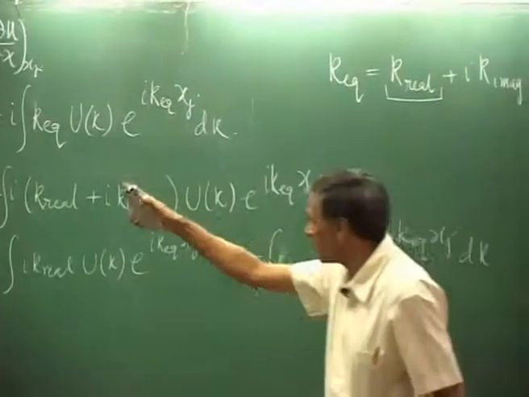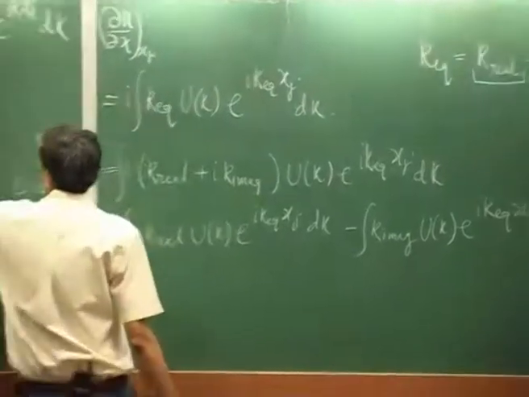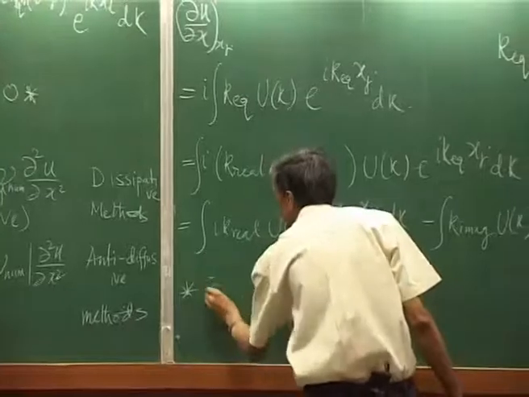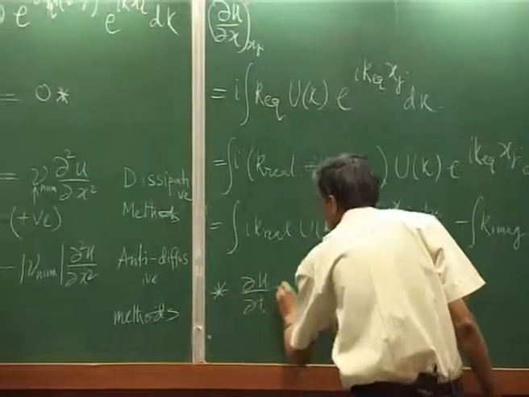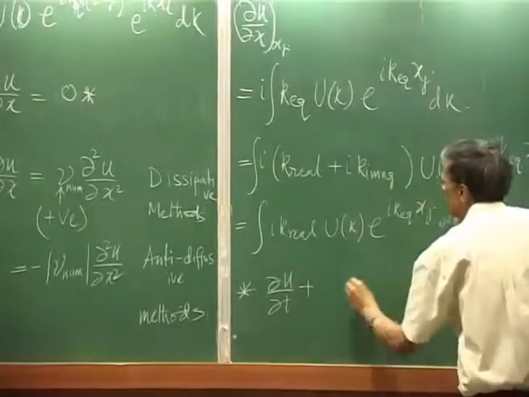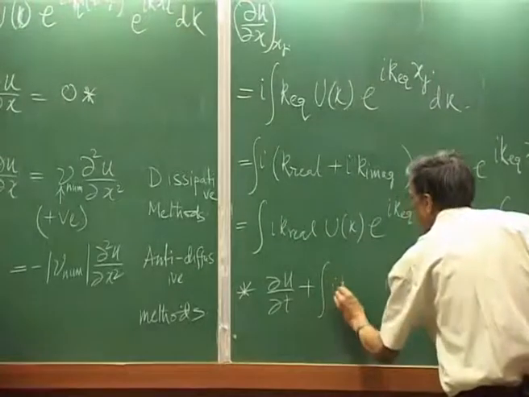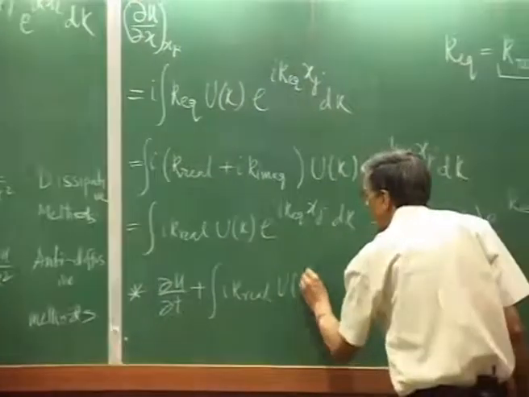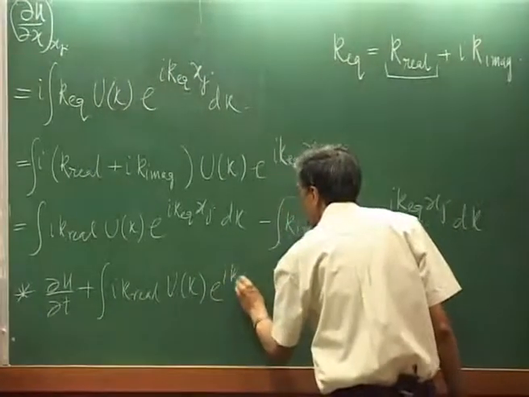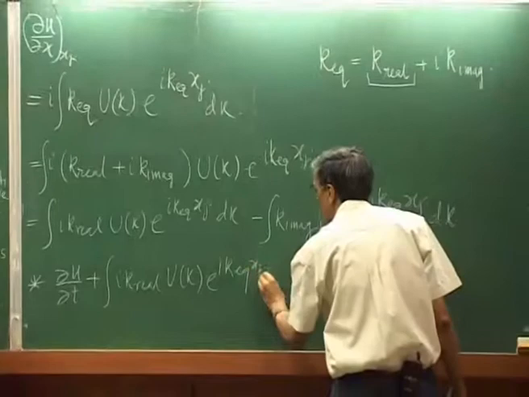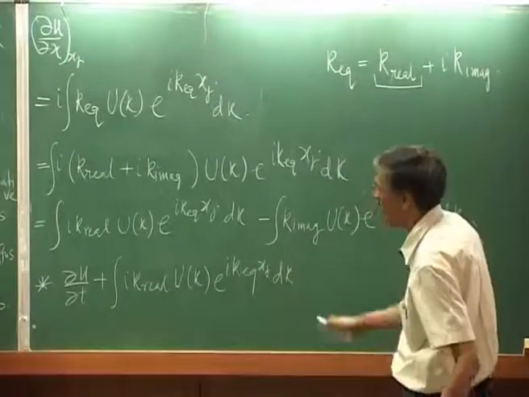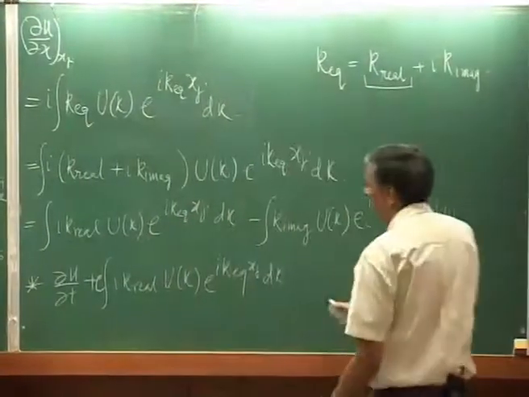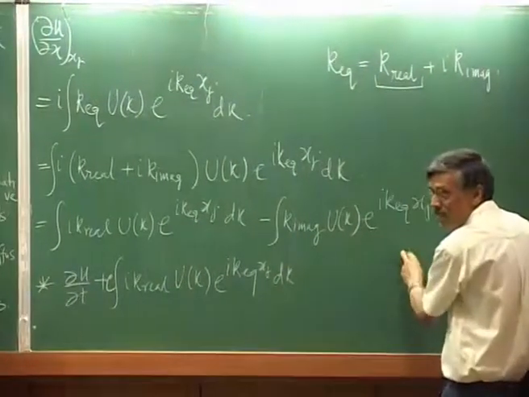So, now if you look at this equation here, what we are getting here is this del u del t plus this part, that is C times this, and this is additionally that has been brought in here.